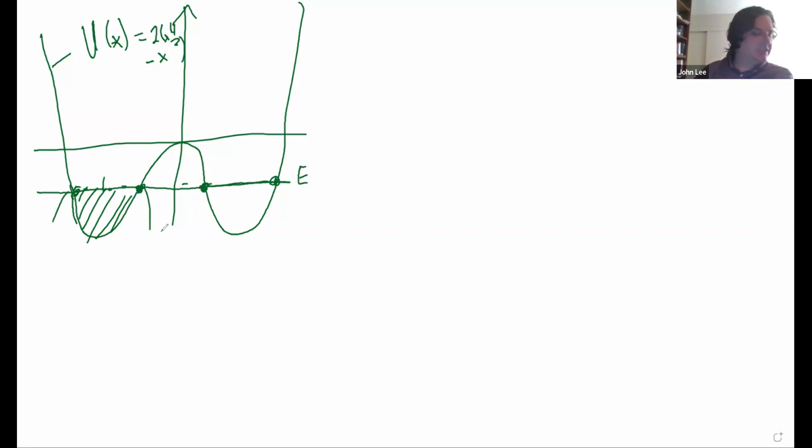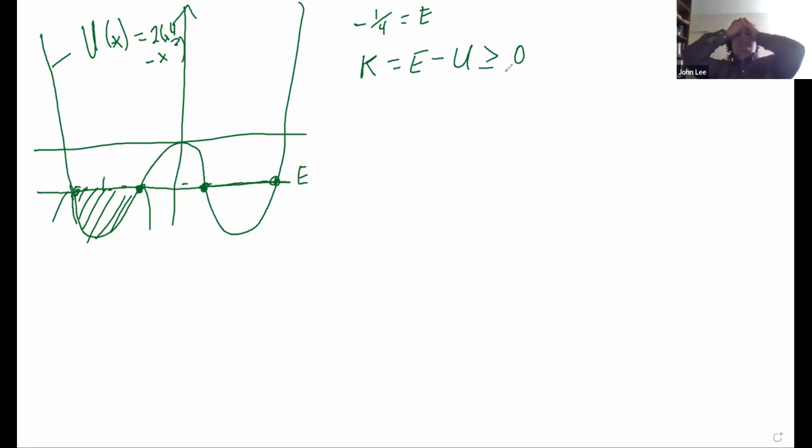And then let's just say that -1/4 is E. So k equals e minus u is greater than or equal to 0, because this is always the case. We chose a u where u was going to be less than 0 at many points, but because k is proportional to v squared, it can't be less than 0.